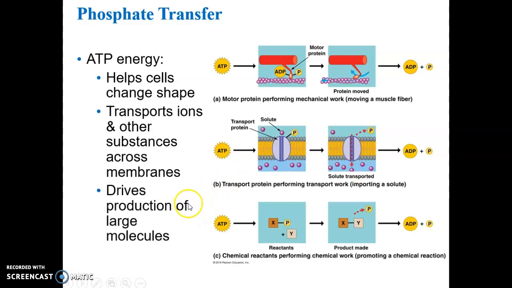Okay? Or driving the production of large molecules. We talked about how proteins get put together, right? Proteins, large molecules comprised of many, many individual amino acids. We talked about how the amino acids get linked together, forming peptide bonds, and you link hundreds to thousands of amino acids together.